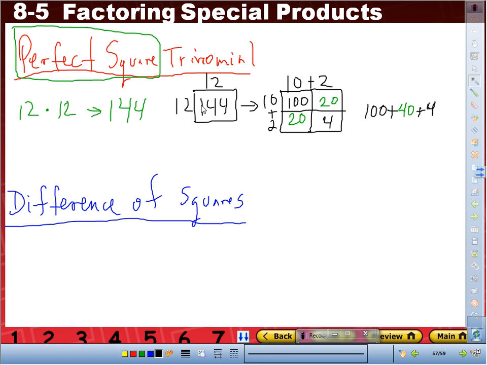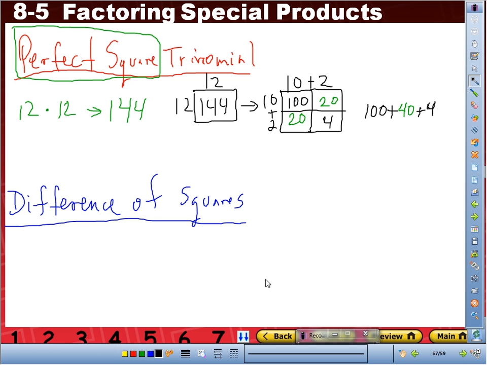And what did we say? That 144 was a perfect square, wasn't it? But isn't this a trinomial? 1, 2, 3. So therefore, this is a perfect square trinomial. Today I'm going to show you a pattern as to how to simplify perfect square trinomials without having to do the whole parentheses thing and the diamond and all that. Just by looking at a pattern.